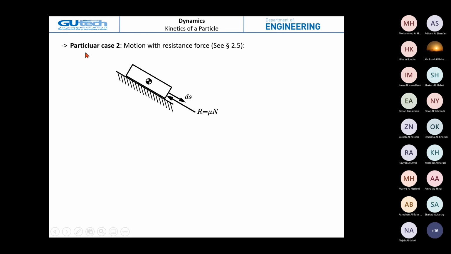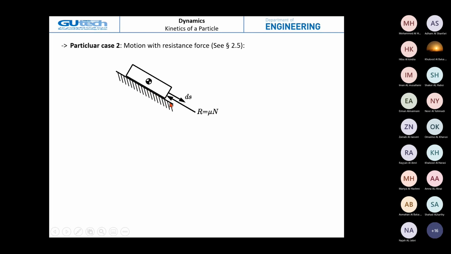Now we take the second case, the motion with resistance force. Then we have the contact force N, which makes no work, and there is the resistance, that means there is friction.